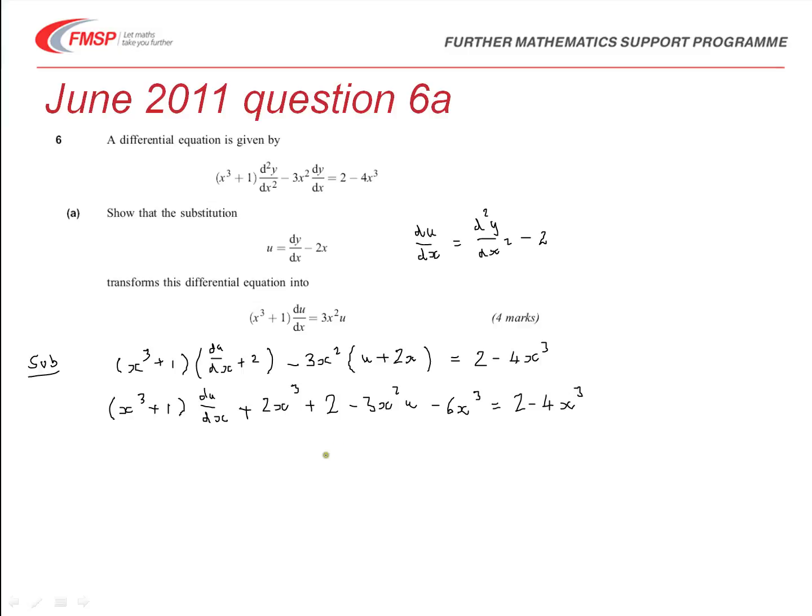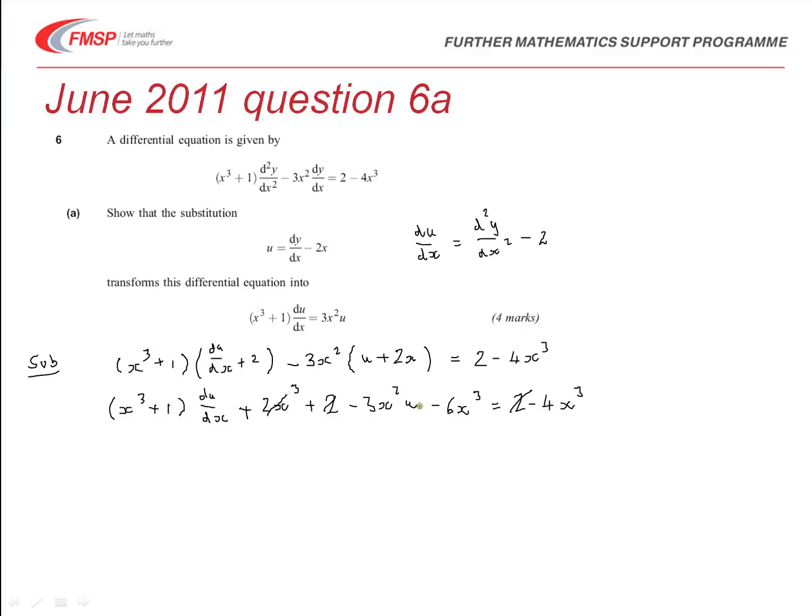But now we can see some of these will disappear, because on the left we've got a 2 and on the right we've got a 2. On the left we've got 2x cubed minus 6x cubed, which is minus 4x cubed, and we've got a minus 4x cubed on the right.